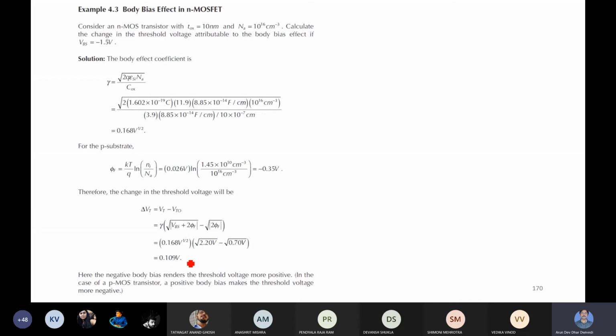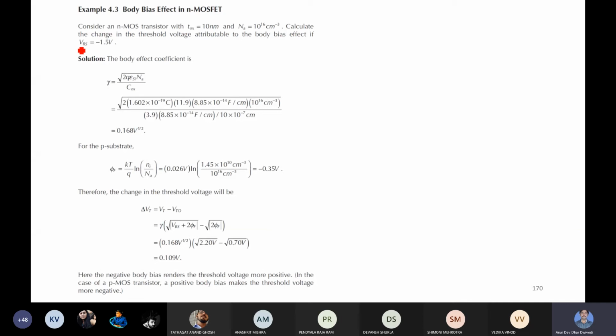In case of a PMOSFET, positive body bias makes the threshold voltage more negative. So these are the important points: negative body bias for the N channel MOSFET makes the threshold voltage more positive, and for the P channel MOSFET, positive body bias should be applied, and it makes the threshold voltage more negative.